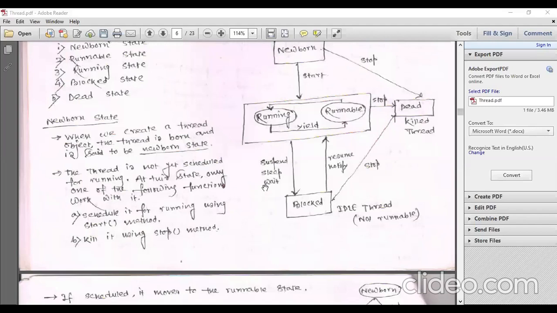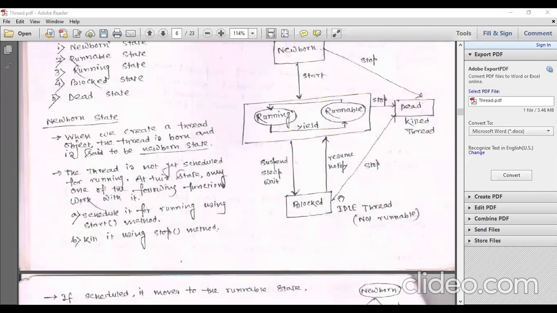There are functions like suspend, sleep, wait. These are the functions used to make a thread go from runnable or running state to block state. And methods like resume or notify make the thread come from block state back to the runnable state.